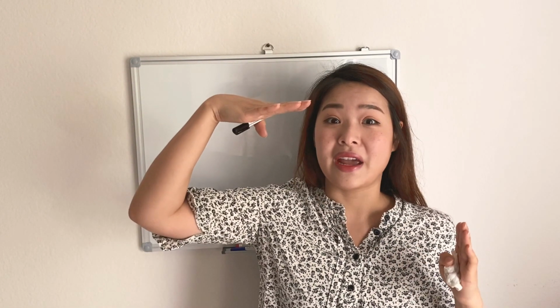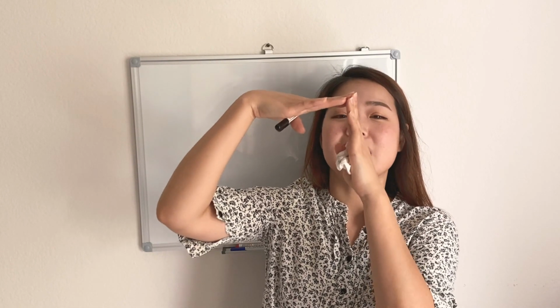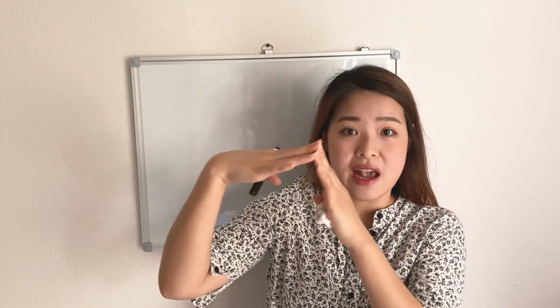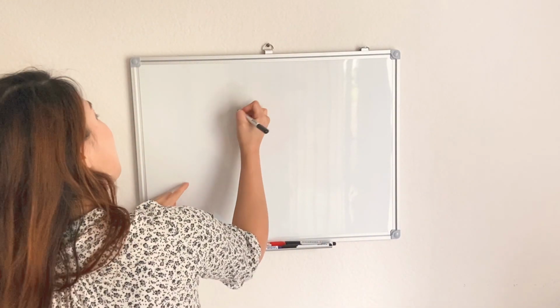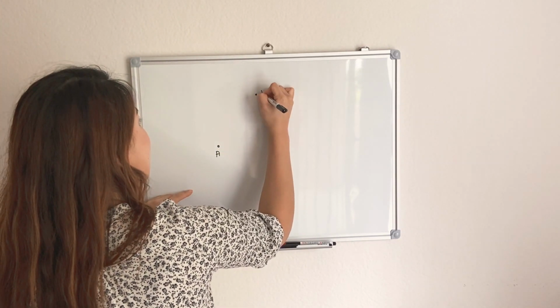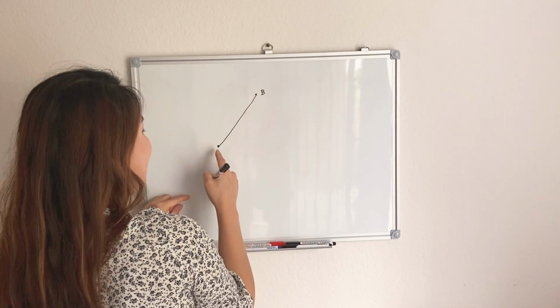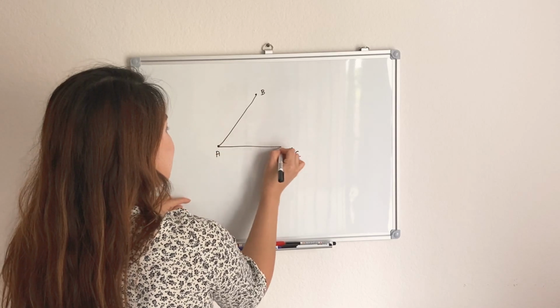Okay, so a line meets another line, and the space in between those lines is called an angle. So let me draw an angle. I'll draw point A and B and draw a line. And I'll have A, C to draw a line.